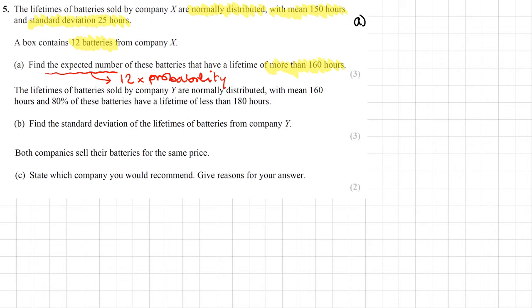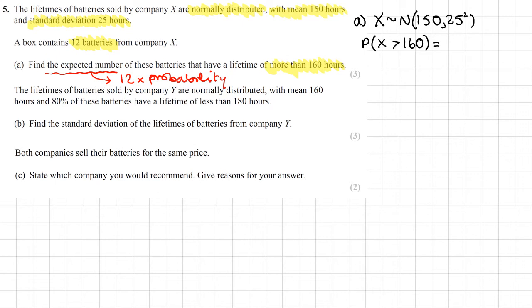Okay. So I'll just use the letter X since they're talking about Company X. It's normally distributed. The mean is 150. The standard deviation is 25, so the variance is 25 squared. We want to find a probability that a single battery will have a lifetime more than 160. So we can do this on a calculator.